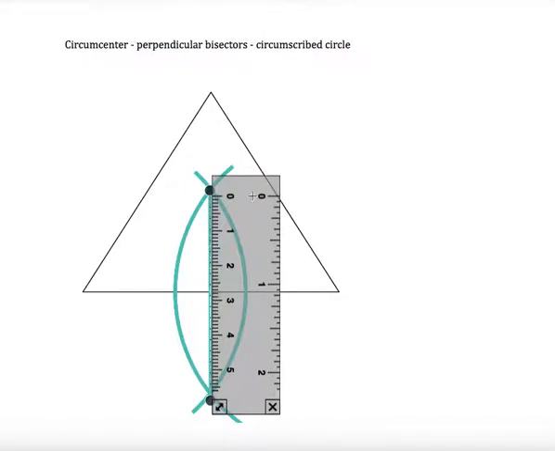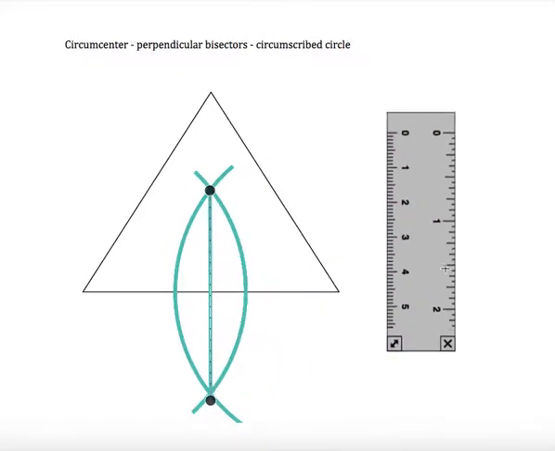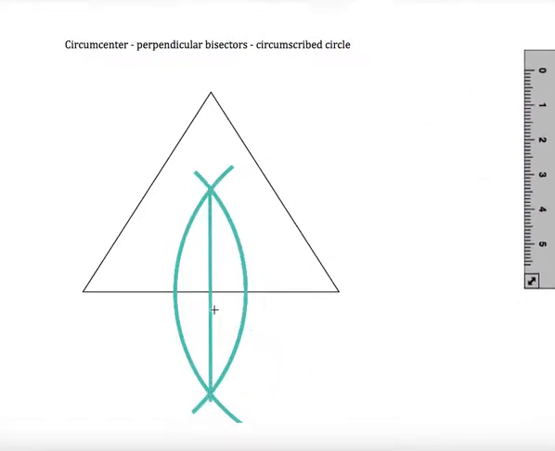So here's my first perpendicular bisector. So it's perpendicular to this side of the triangle, and remember that it's going through the midpoint. So the perpendicular bisector can be used to create a perpendicular line and find the midpoint. So to find the circumcenter of the triangle, I'm going to continue making these perpendicular bisectors from all 3 different sides.